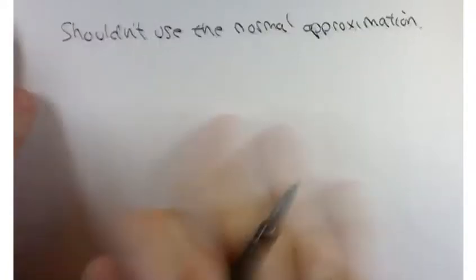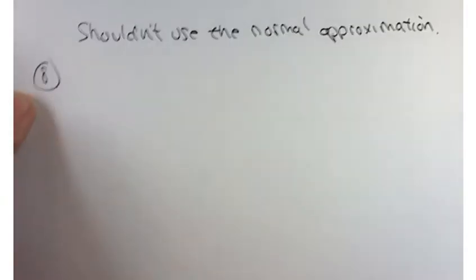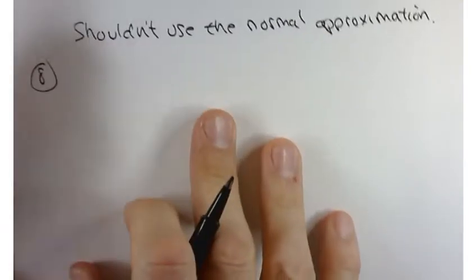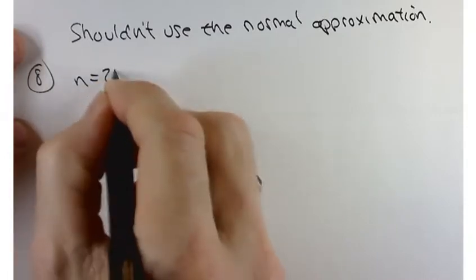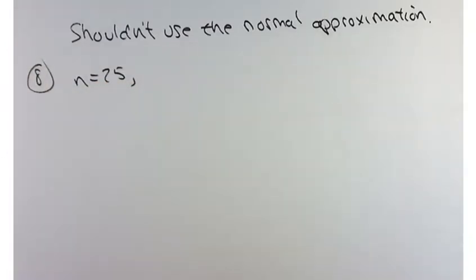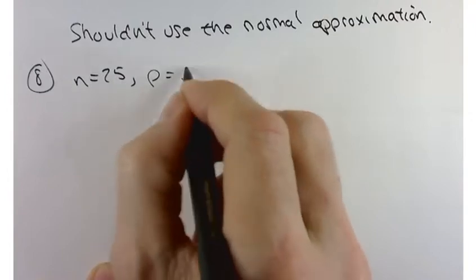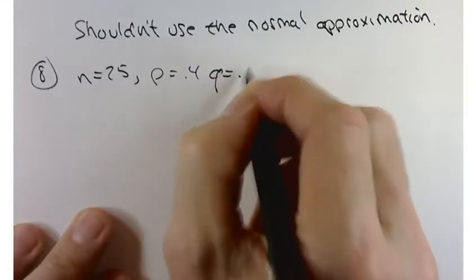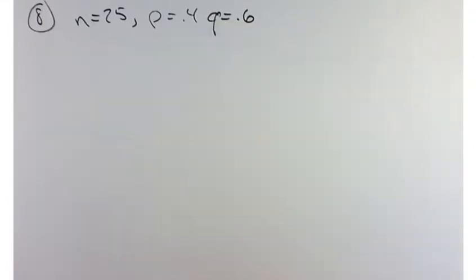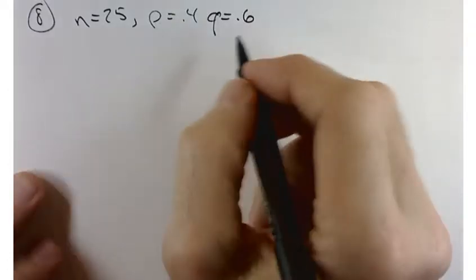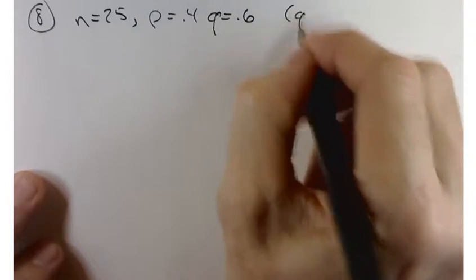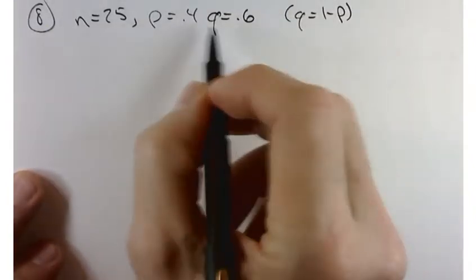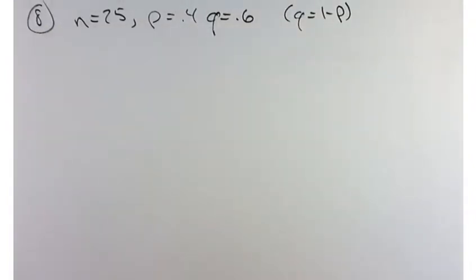Let's move down to problem number 8. N is 25. P is 0.4. What's that make Q equal to? 0.6. Yeah. Q is, as a reminder, Q equals 1 minus P. So 0.4 from 1 is 0.6.